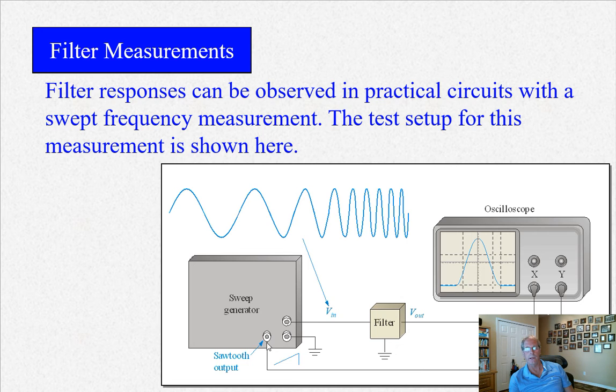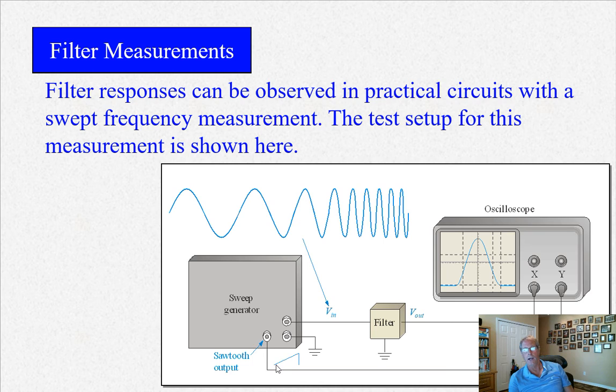So this sweep generator, you can feed it with a sawtooth input, which is a ramping voltage, drops back down to 0, ramps up, down, and that controls the frequency. Okay, so it's a voltage controlled frequency. That's what a sweep generator does.